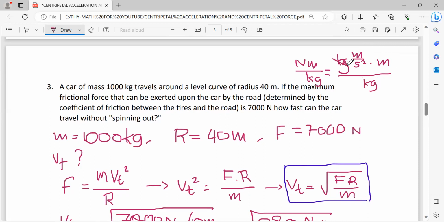Kg divided by kg equals 1, and meters times meters equals meters squared over second squared.